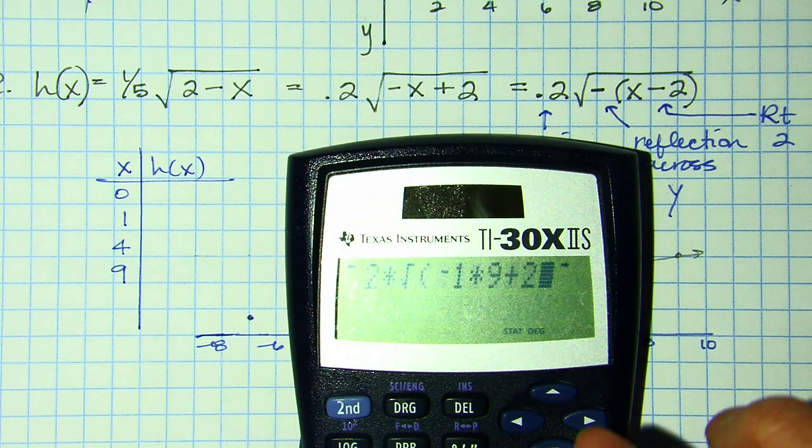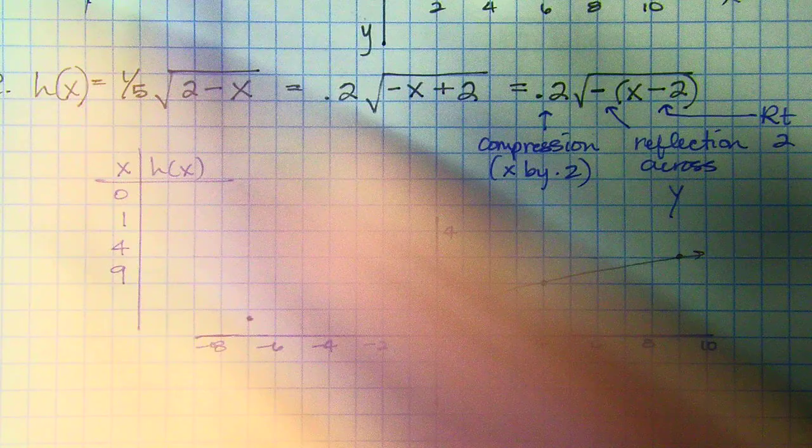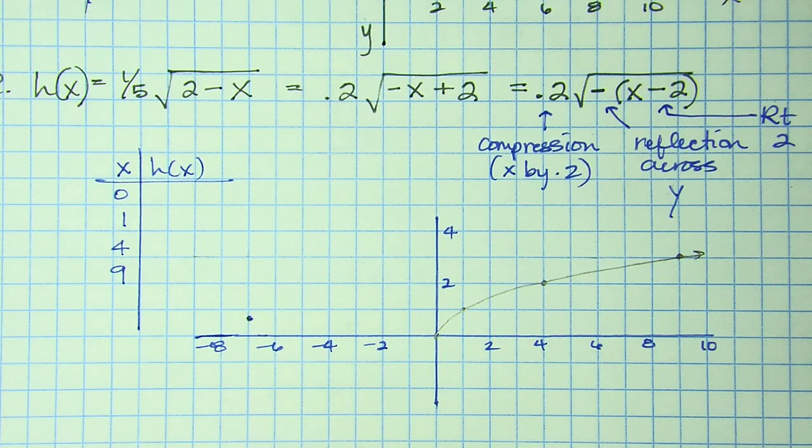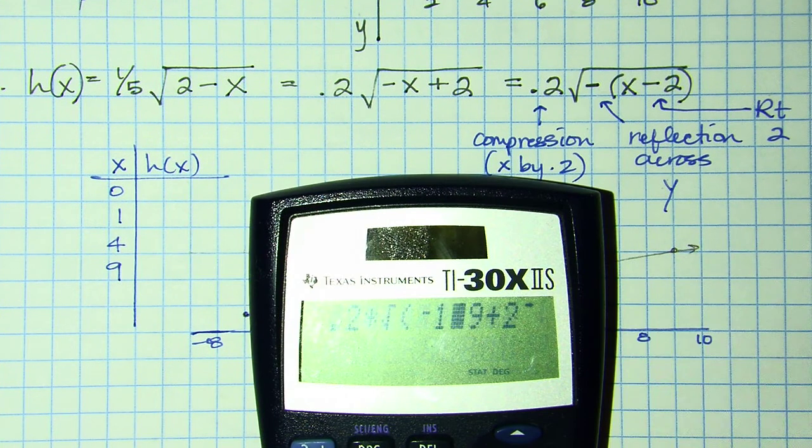What is with my calculator lately? -1. Why is it giving me i? Oh, because this should be -9 minus 2.